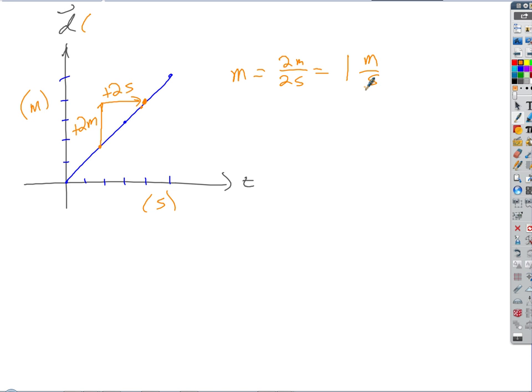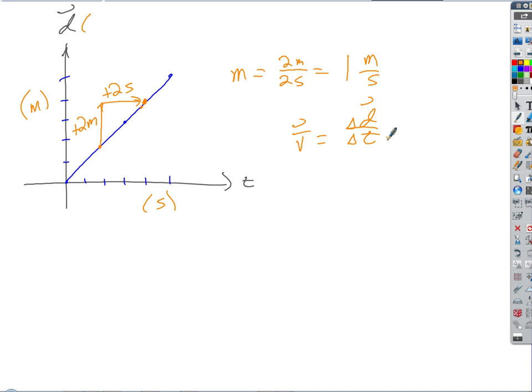Right? So we can see the units are consistent with speed or velocity, and actually so is the definition, because we define average velocity as change in position, what we call displacement, over change in time. Well, isn't that just rise over run? The rise is literally the change in position.